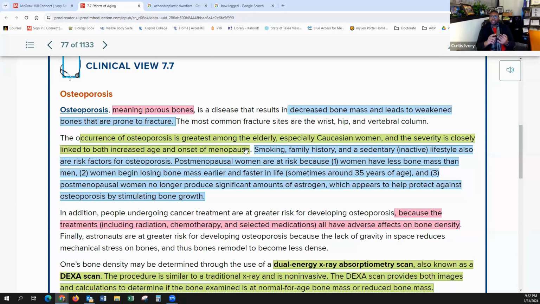Now this typically happens commonly in Caucasian or white women. Also, if you have a smoking history or a family history of osteoporosis, you might be more prone to osteoporosis.